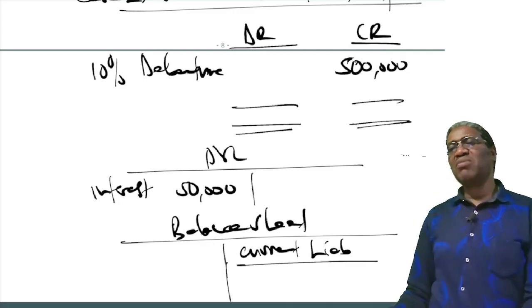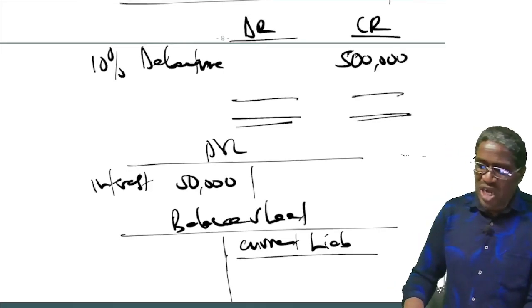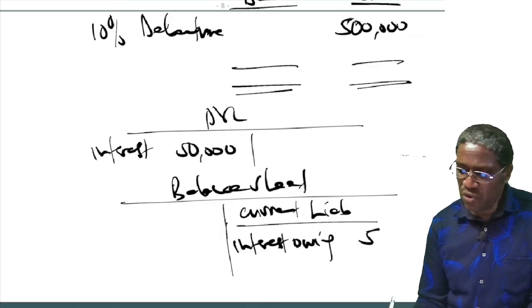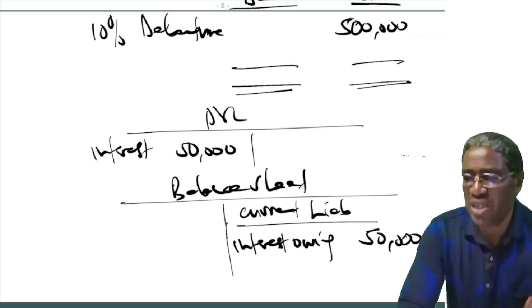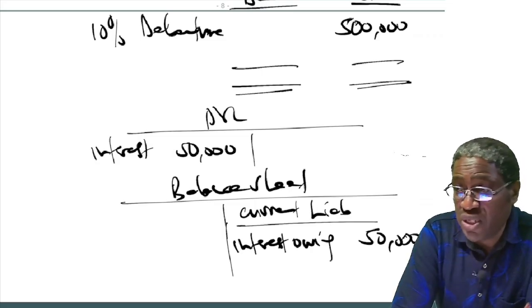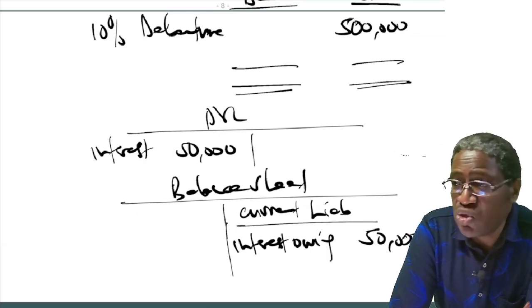So I owe them exactly the same 50 because I've not paid them anything. So that same 50 will go to the balance sheet as a liability. So interest owing of 50. Good. That's all for that illustration. We are just putting it down to remind you when you are revising. Otherwise, it's a concept you should know by now.